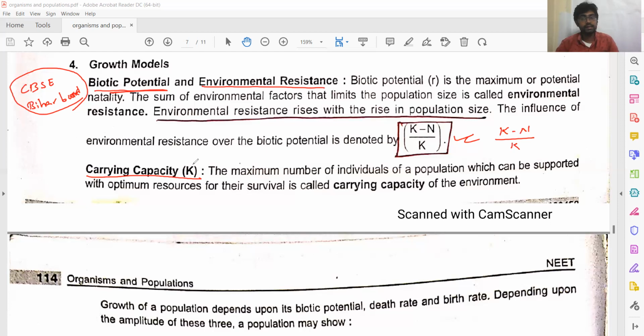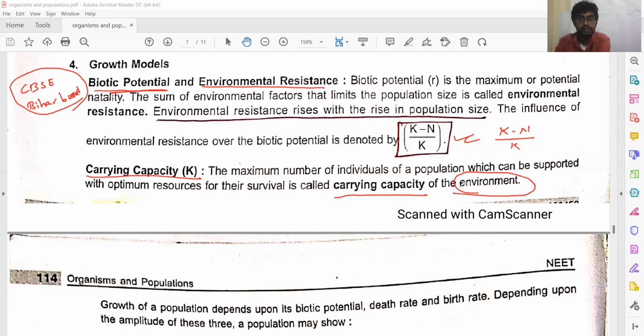For example, in the previous example, a land which was sufficient for 100 tigers is now insufficient for 1,000 tigers. That much land mass can support maybe 200 or 400 tigers. So that 400 is the carrying capacity of that environment.